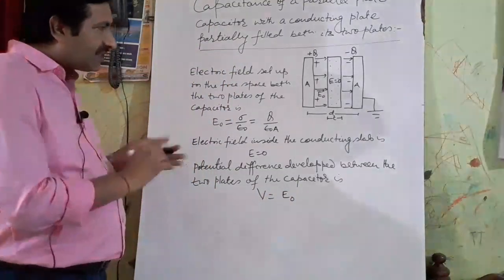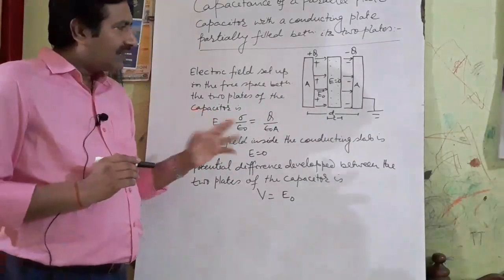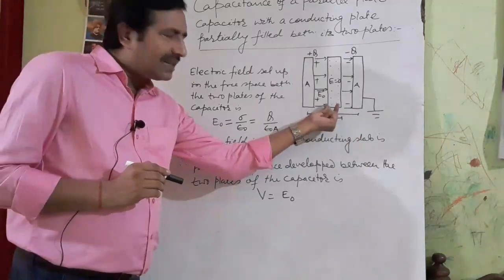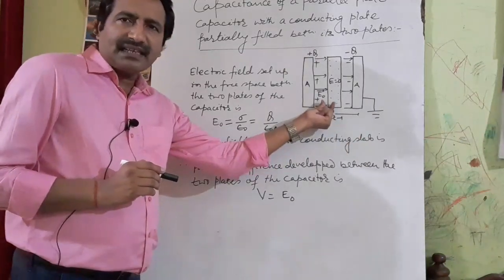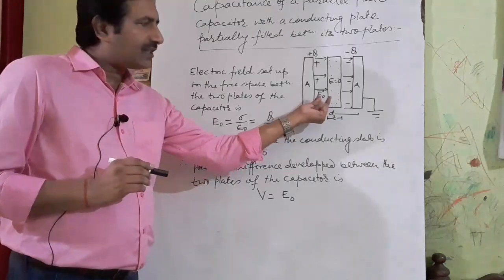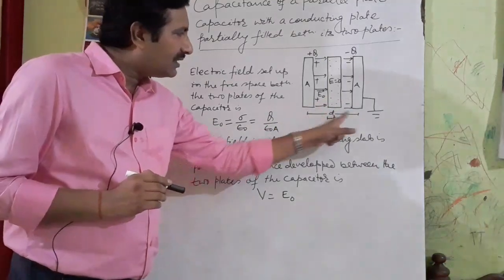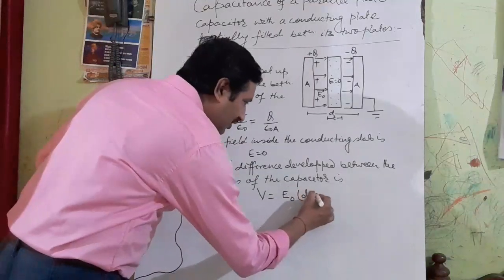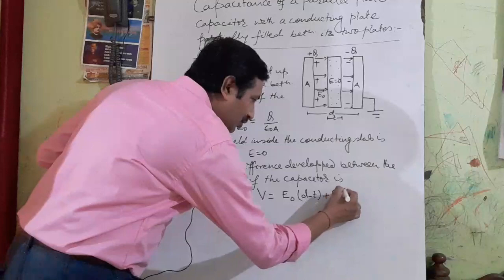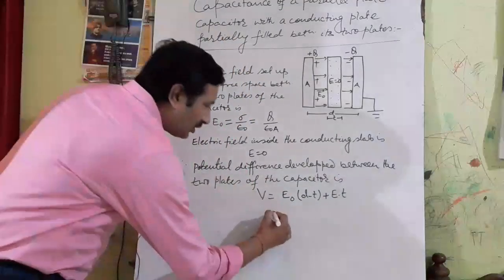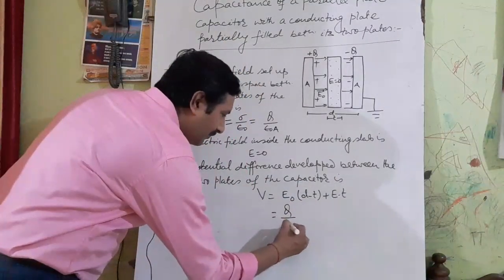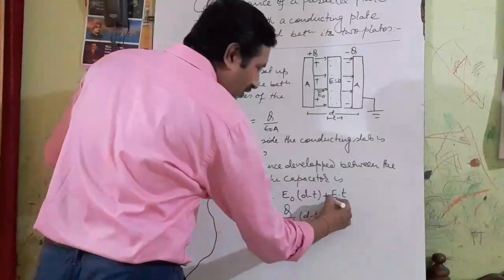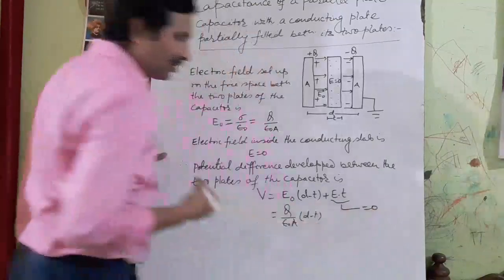Now you see, E naught exists up to how much distance? The total distance between the two plates is D, and T is the thickness of the conducting slab. So the free space between the two plates is D minus T. So V is E naught into D minus T plus E into T. You see, E naught is Q by epsilon naught A, and as E is 0, this term is equal to 0.